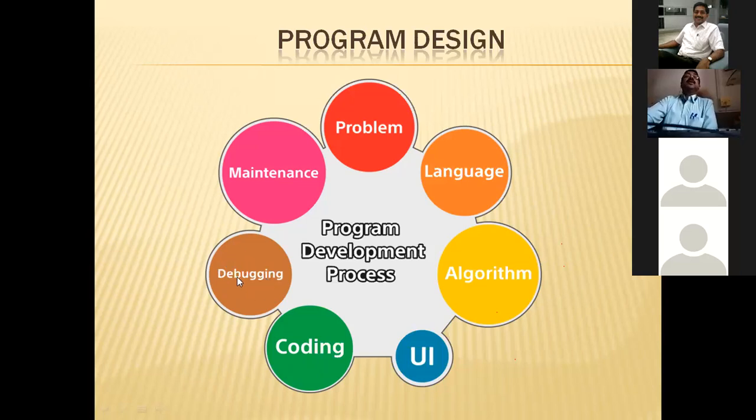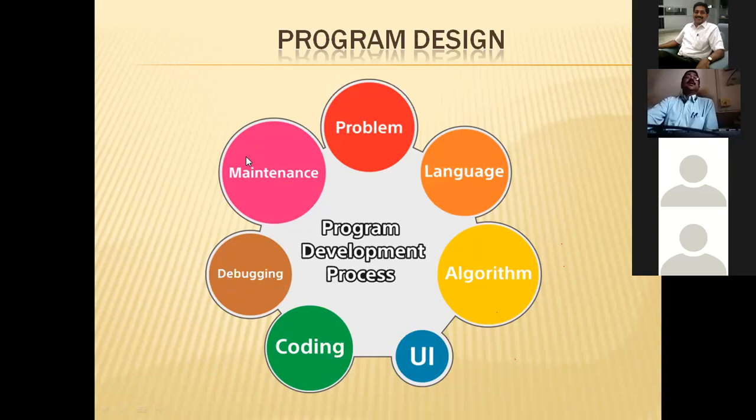Debugging is where we have to find the bugs. There may be some syntax problems, there may be some logical errors. So debugging is avoiding these errors or correcting the errors, whether from a syntax error or a logical error.